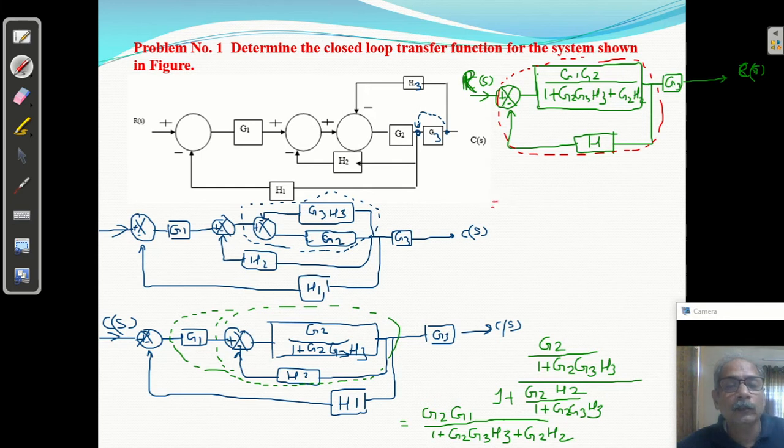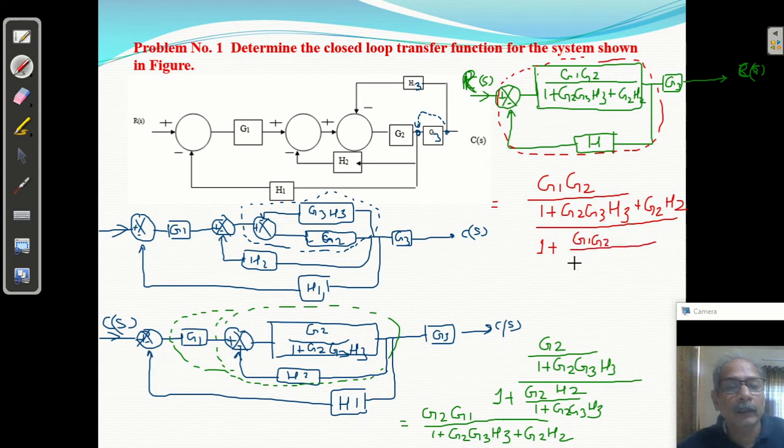So the total transfer function is G1 G2 upon 1 plus G2 G3 H3 plus G2 H2, upon 1 plus GS, since it is negative feedback.